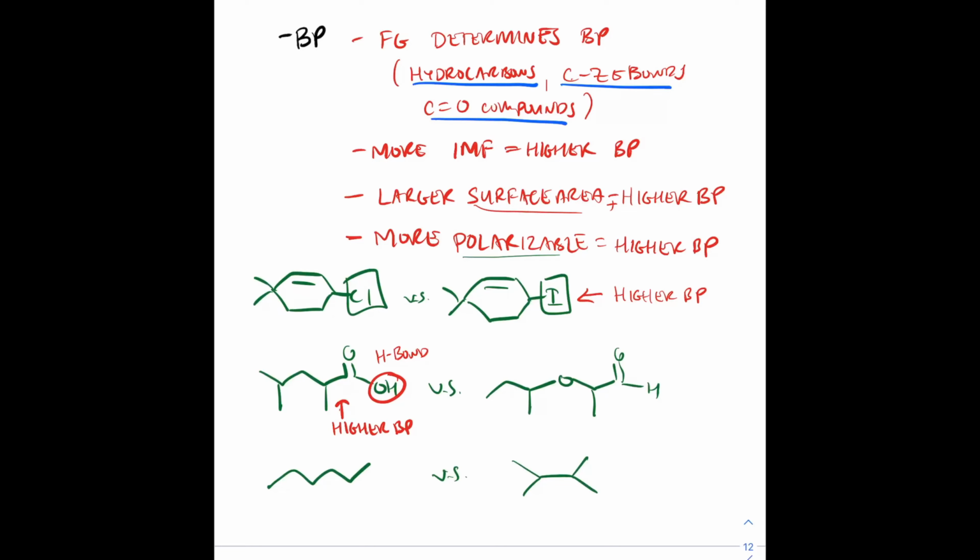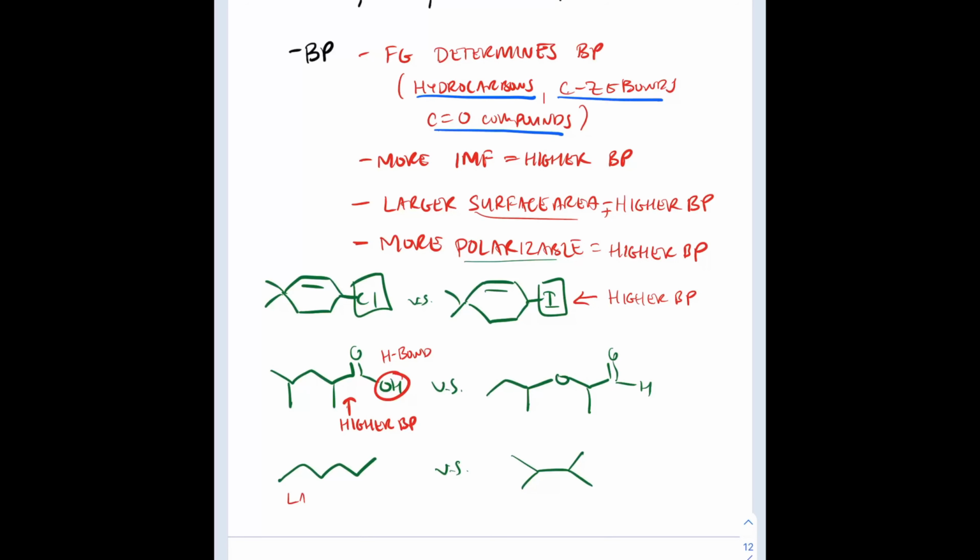And yeah, so let's take a look at this last one. This guy versus this guy, what's the difference? Well, they are isomers of one another because they have the same molecular formula, having 6 carbons and 14 hydrogens. But they are structurally different, obviously, right? And so this one right here is going to have a larger surface area than this one, right?